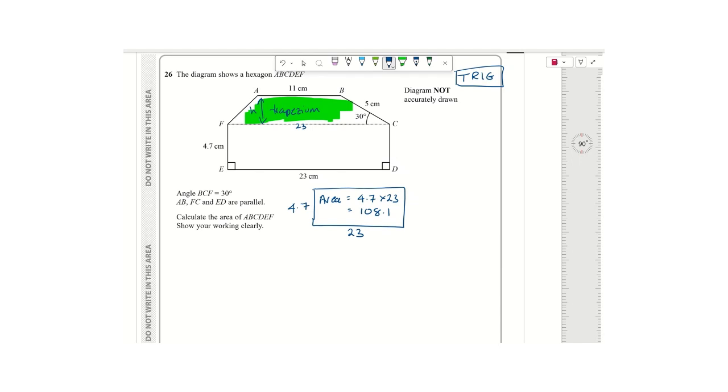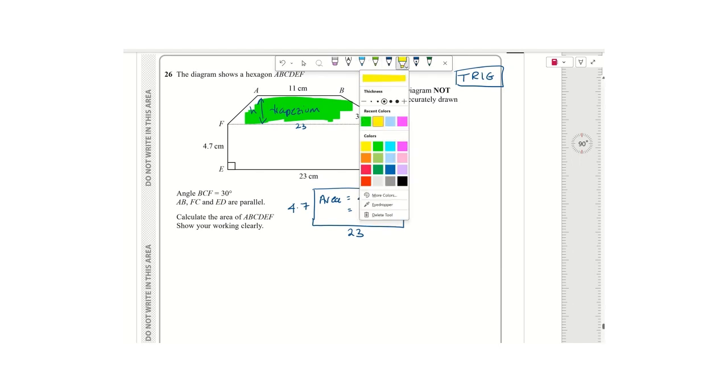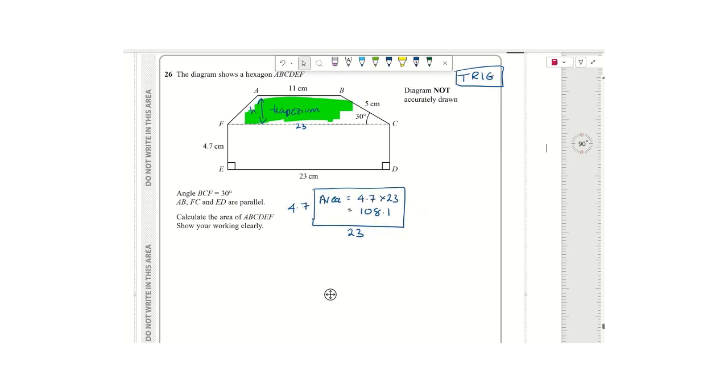So what we're going to do is chop off a triangle at the right hand end. We're going to look at this triangle here. And if I look at that triangle there, which I'm going to draw out, I know that's 5, that's 30, that's a right angle, and this is going to be the height that I want to know.